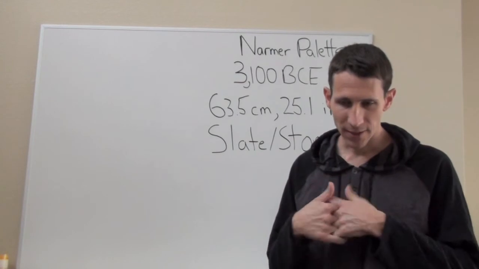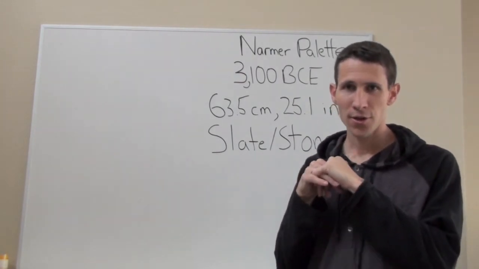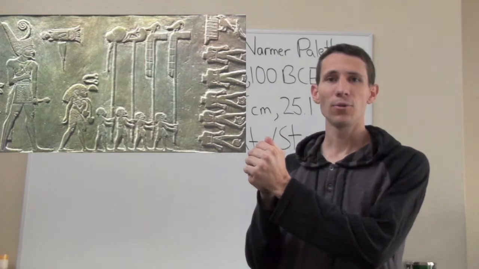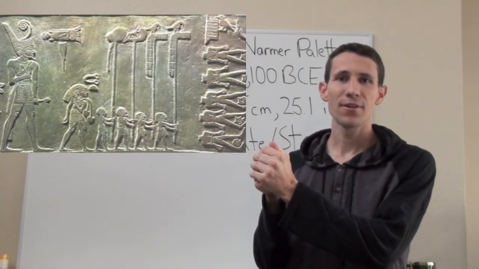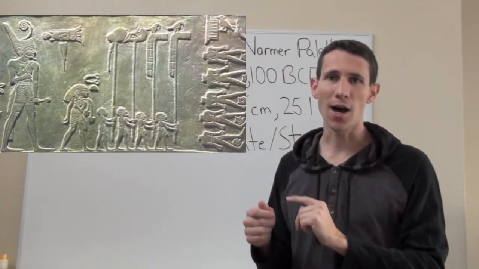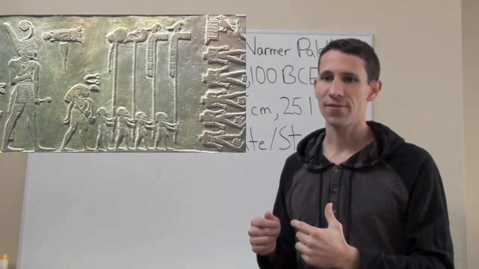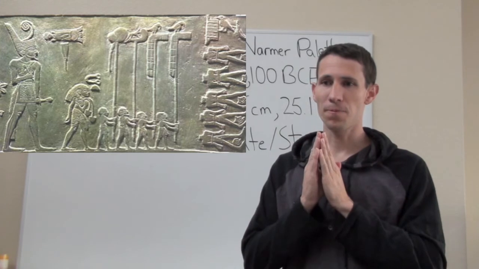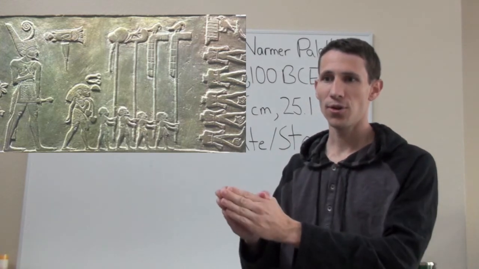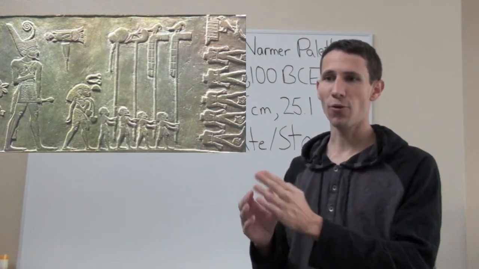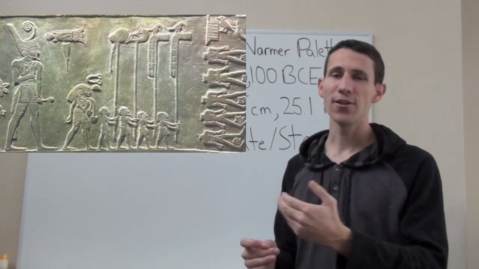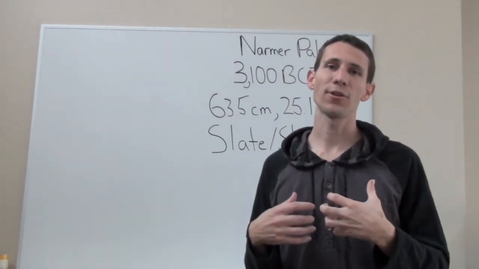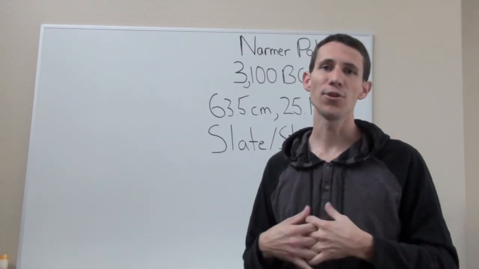Okay? Now in the top register, you have a lot of different people holding what looks to be a staff, and then there's some image on the top of the staff. These were a processional group that would go before the pharaoh, either into battle, and it's a way of bringing the power of certain gods into you and your army.